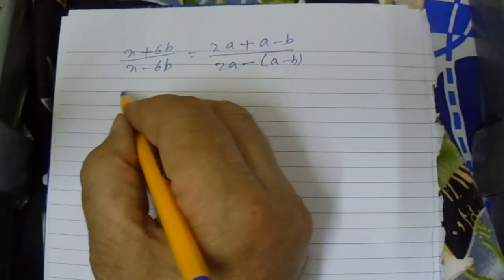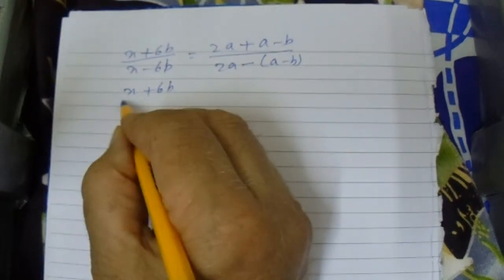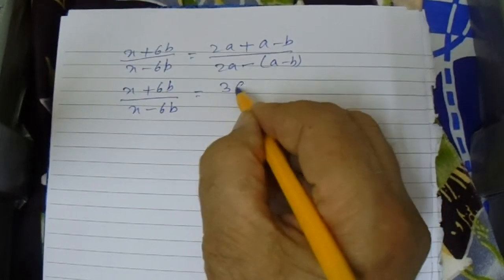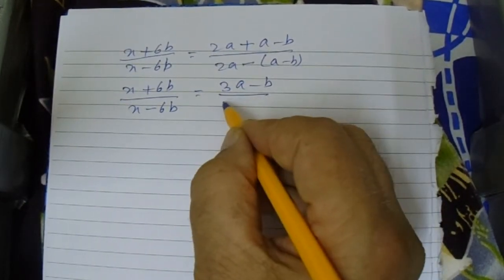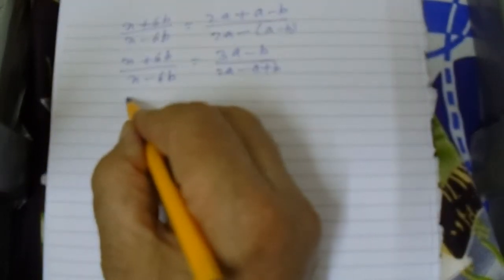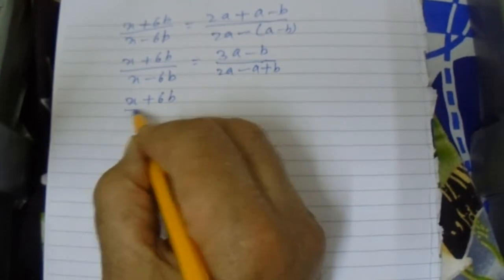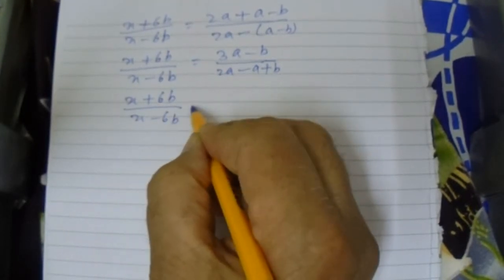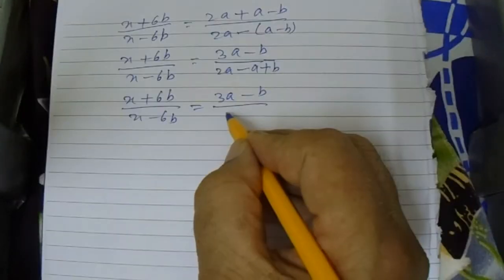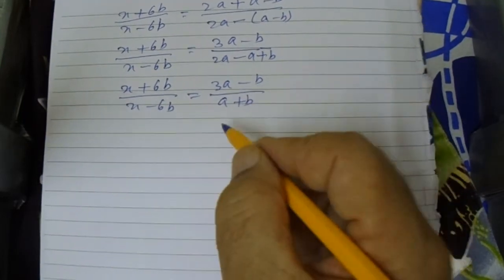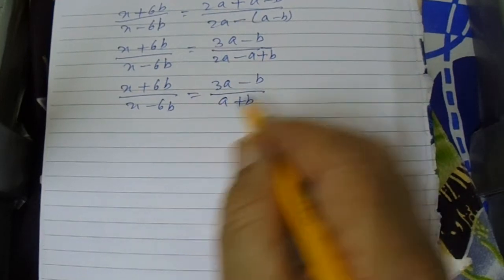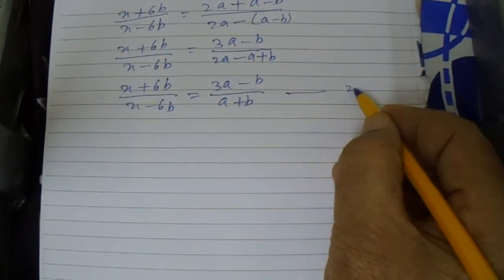Write this again, x plus 6b over x minus 6b is equal to 3a minus b over 2a minus a plus b. Write again, x plus 6b over x minus 6b is equal to 3a minus b over a plus b. Now this is our second result.